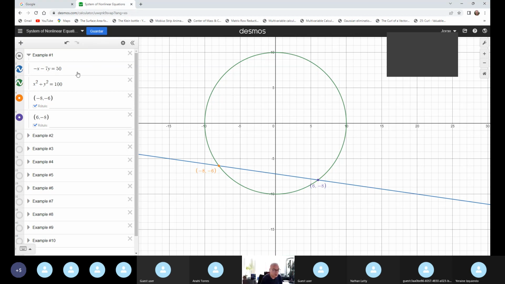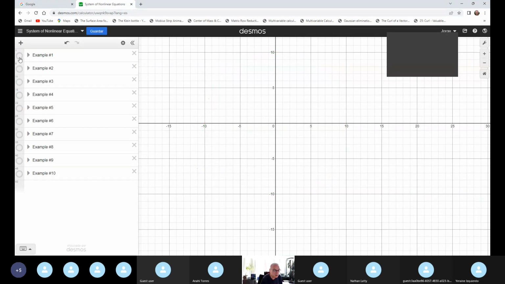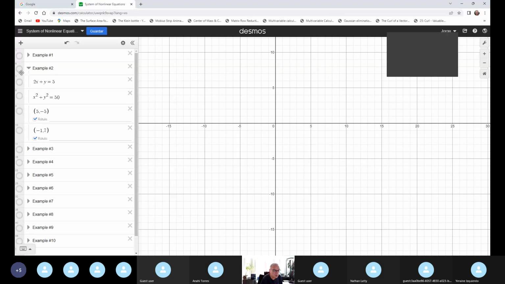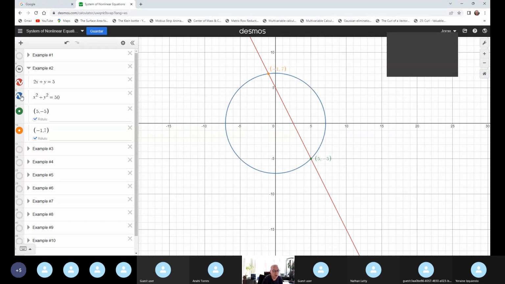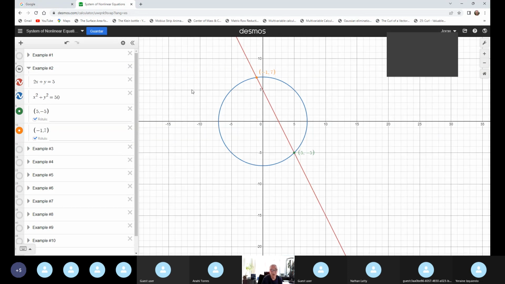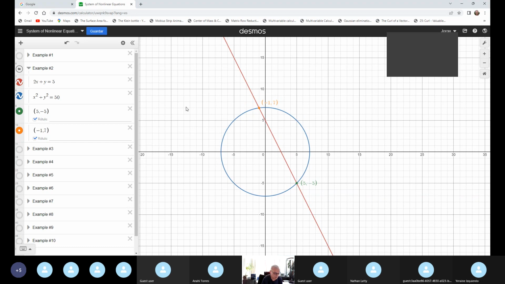Question 2 is very similar. Look, one linear equation, in red color. The linear is red color, and the non-linear is the blue color, which is a circle. Not always has a circle, but in this case, it's a circle. Now you see the points, negative 1, 7 and 5 positive, negative 5. Exactly, we found them. Any question, guys? Awesome.